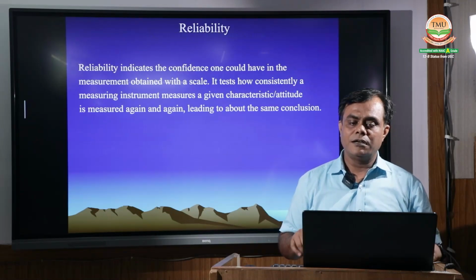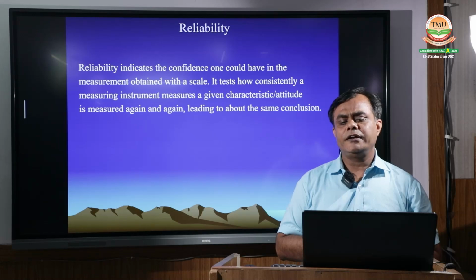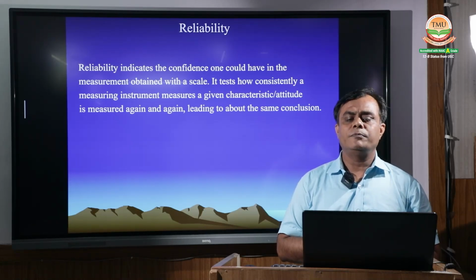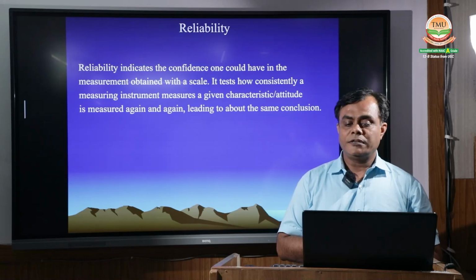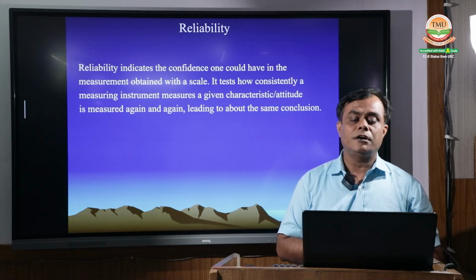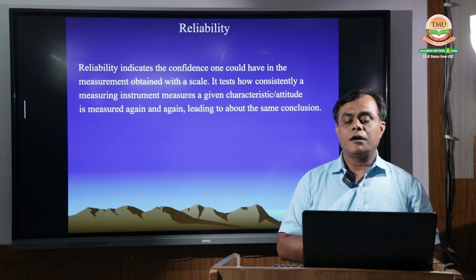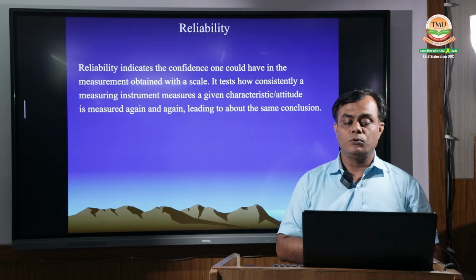Next is reliability. Reliability indicates the confidence one could have in the measurement obtained with the scales. It tests how consistently a measuring instrument measures a given characteristic, measuring again and again and leading to about the same conclusion.